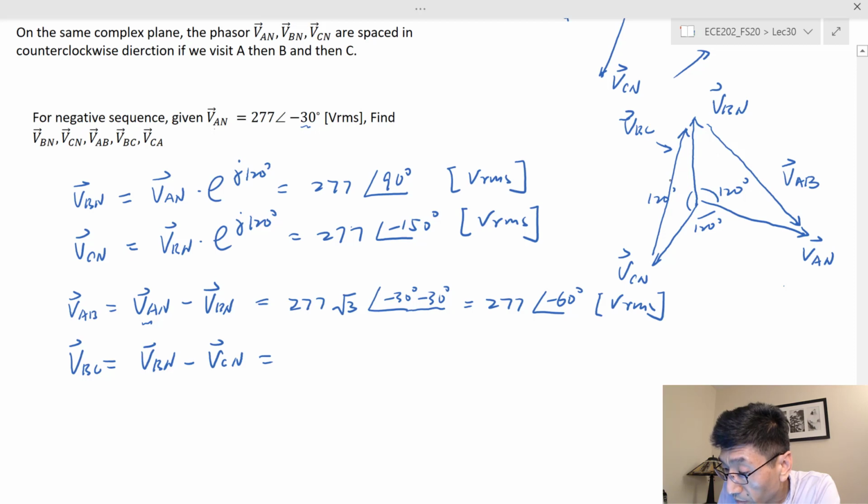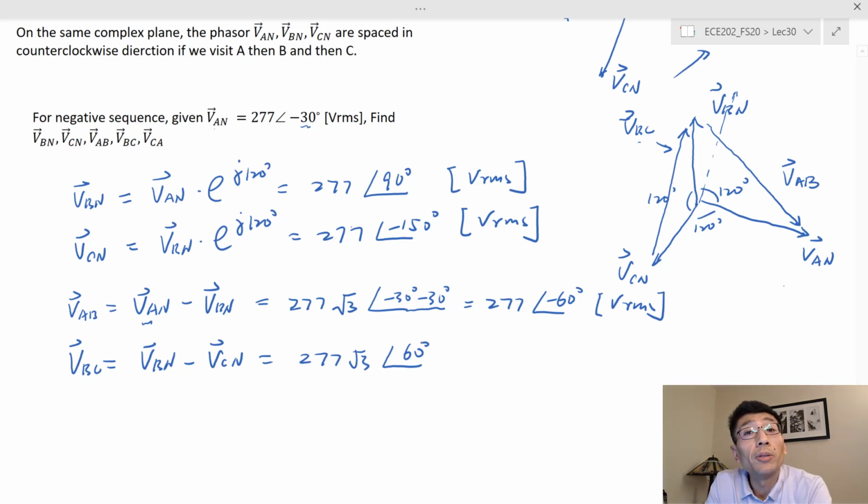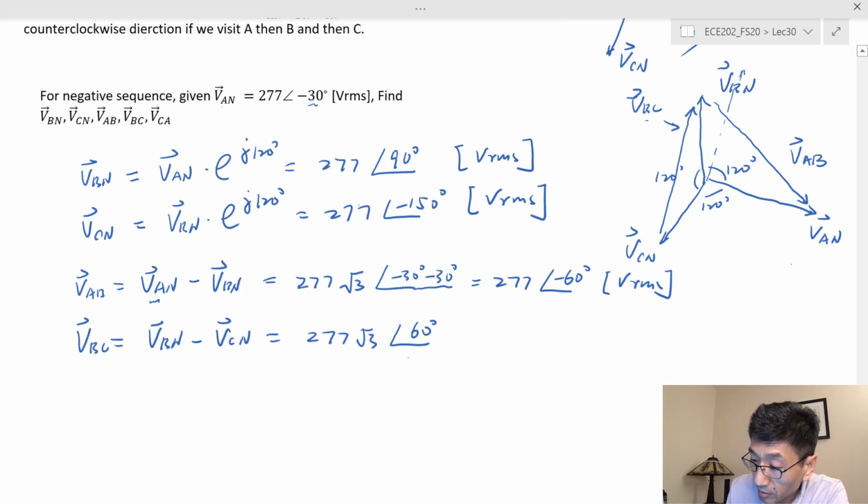I can move this phasor parallel to the origin here. So you see this VBC is lagging VBN by 30 degrees. And VBN is 90 degrees, so I got 60 degrees. I got 277 square root 3, 60 degrees. Or VBC is leading VAB by 120 degrees, right? So this has negative 60 and this has positive 60 degrees.